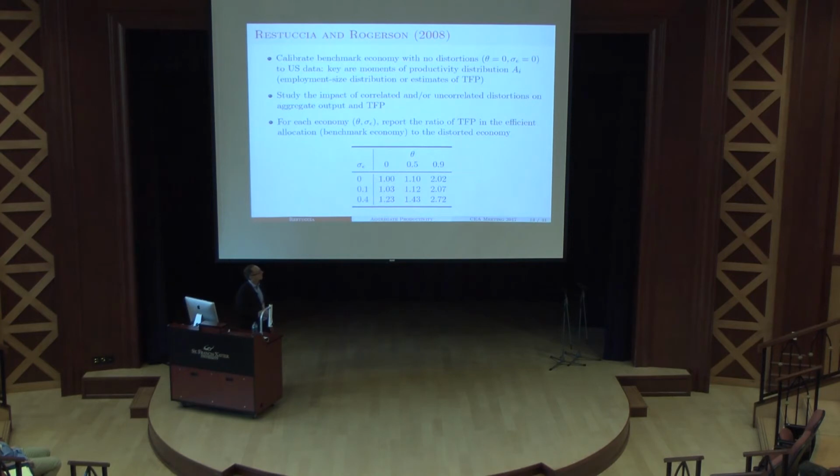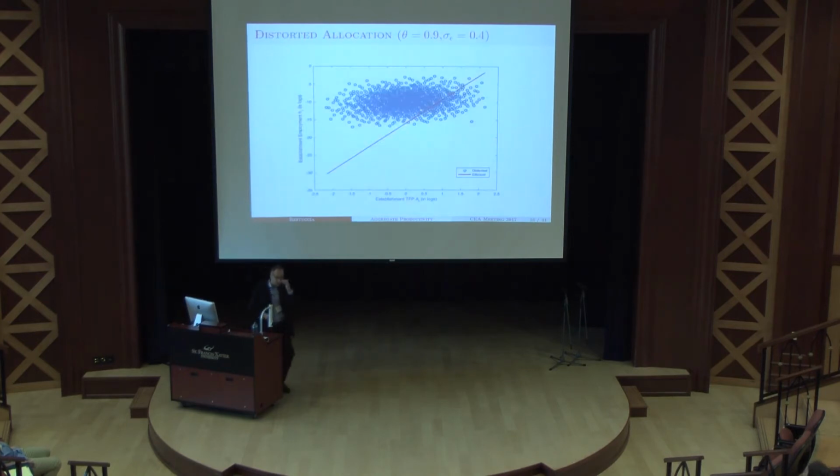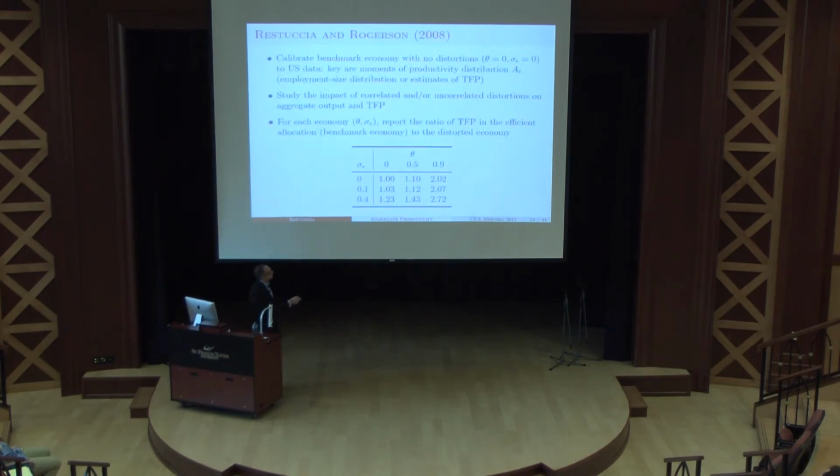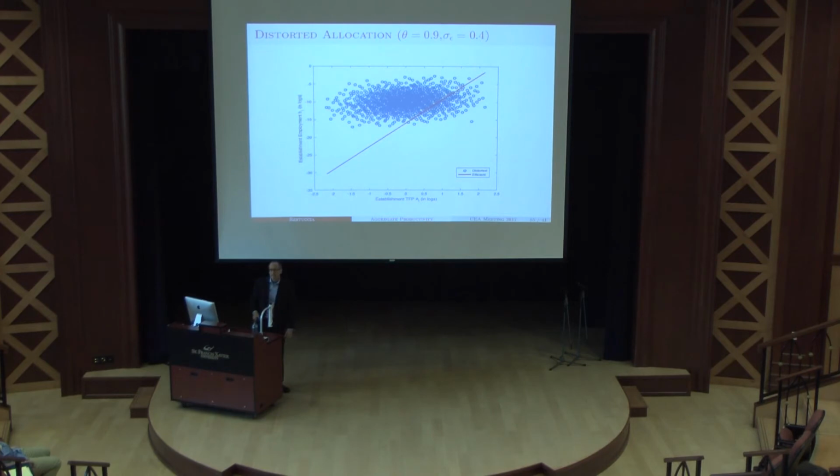And so here, I'm plotting this economy, where I have a very high elasticity of the distortions to productivity, which kind of flattens the relationship between the labor input and TFP, and some random distortions at the same time. I'm plotting the implied allocation that comes out of that.